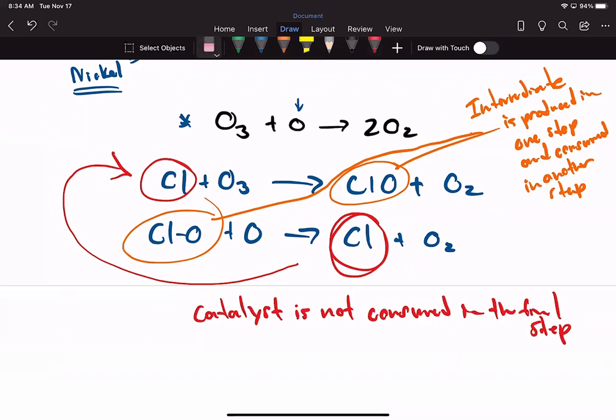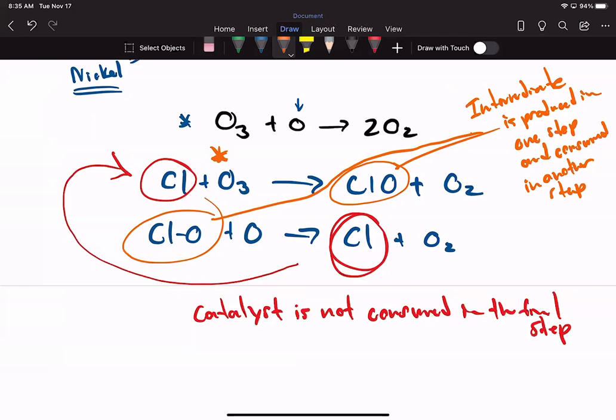And the catalyst can be used over and over this way, so that the catalyst is not used up, right? The catalyst keeps going until we run out of reactant. It keeps going until we run out of ozone. After we run out of ozone, then the catalyst isn't needed anymore. End of reaction.